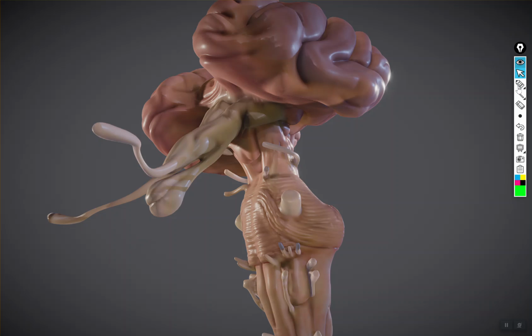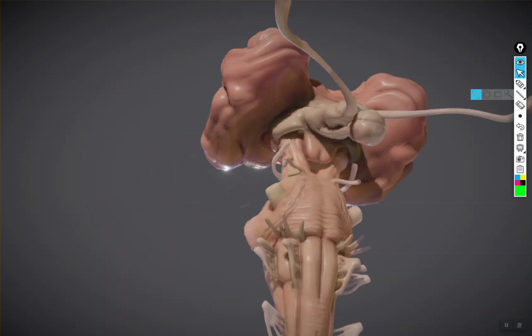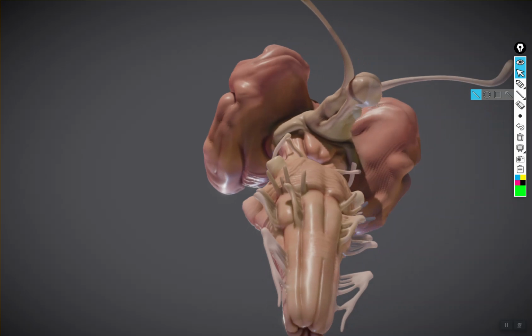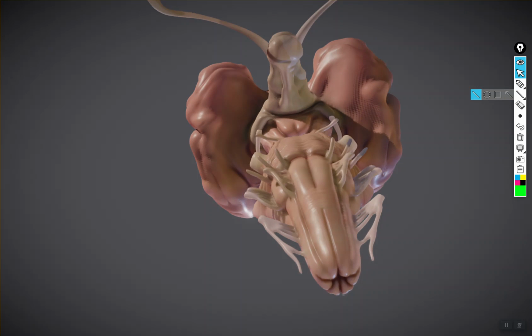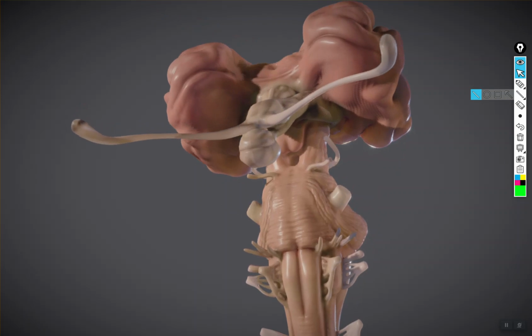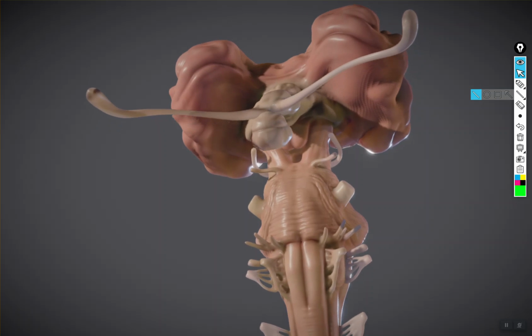All right, so let's turn this. The rest of these nubbins that you're seeing hanging off of here are cranial nerves. And so in the next video after this, I'll go through all of the cranial nerves. There is another video that contains cranial nerve information as well, using some neuroanatomy modeling.